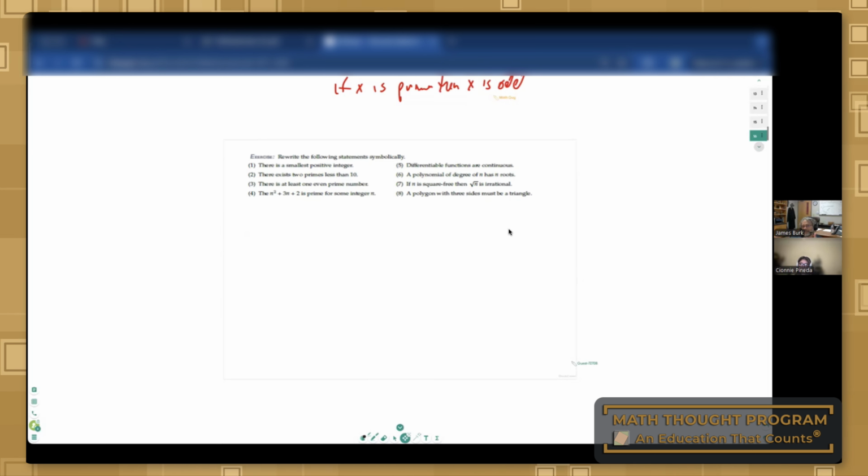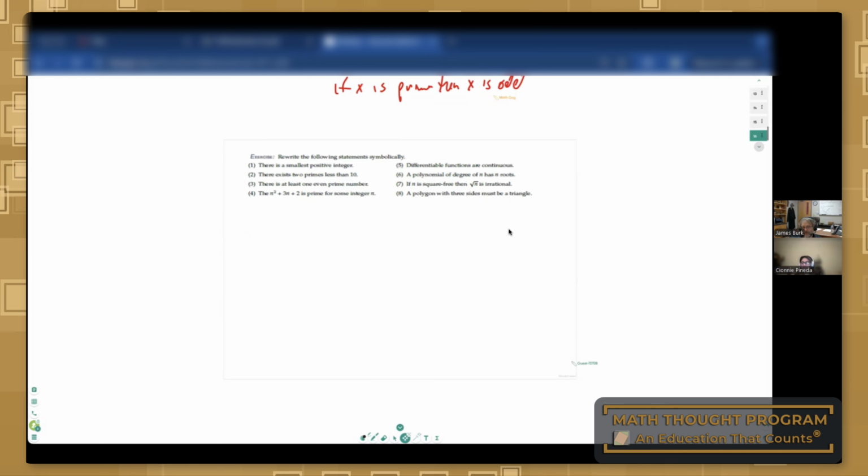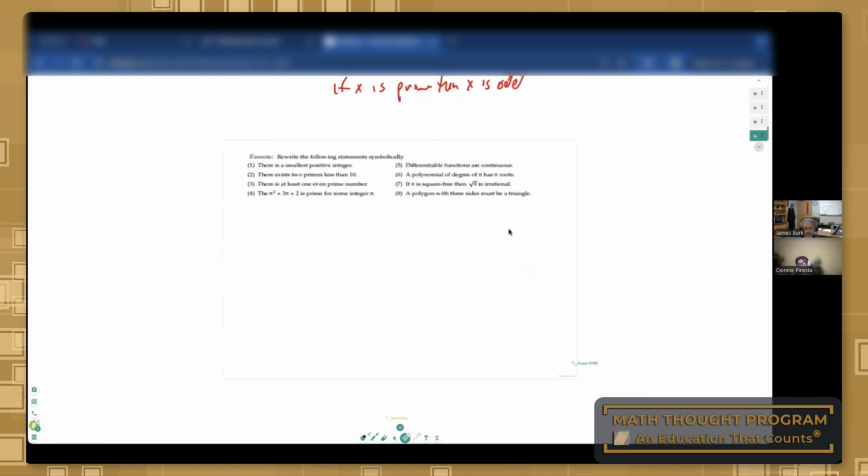If you rephrase it that way, can you see the universal statement embedded within the sentence? Can you think of a polygon that has three sides, but it's not a triangle?